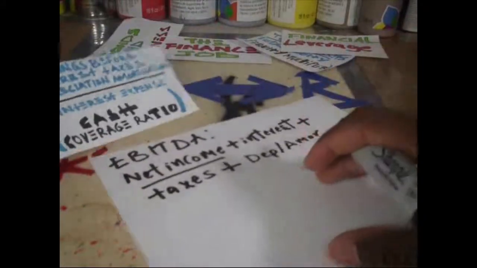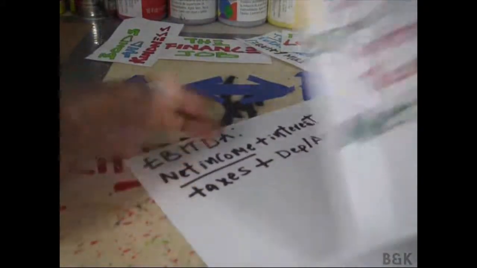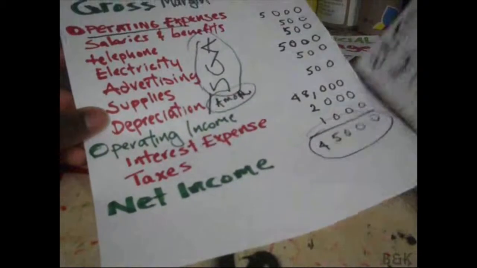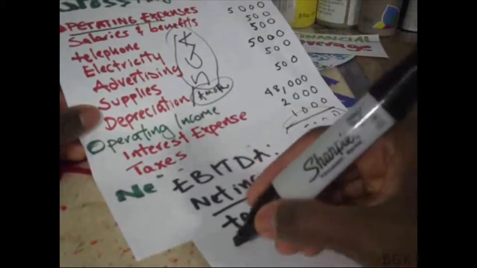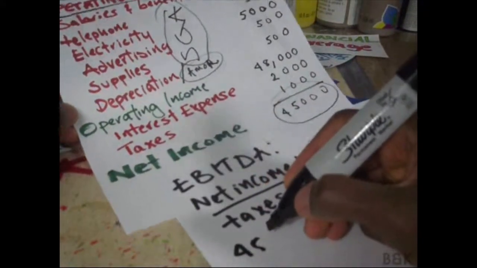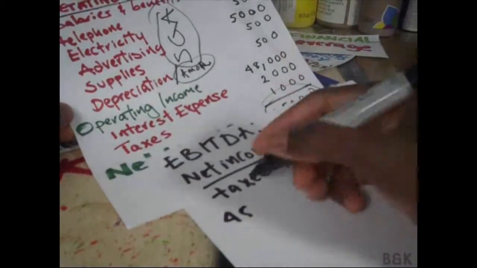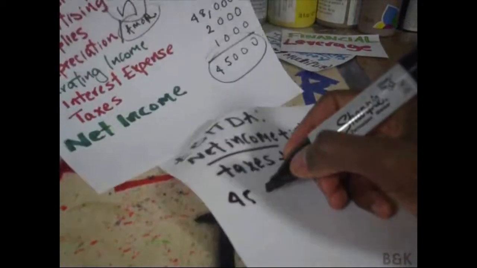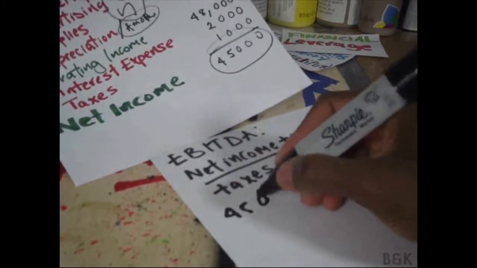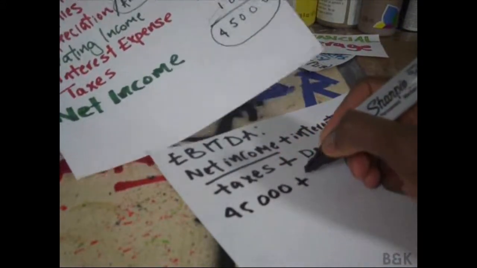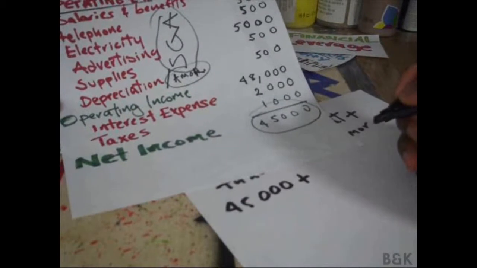So in our example here, we'll reference it really quickly. It says net income here is 45,2000. We'll add back in the $1,000.